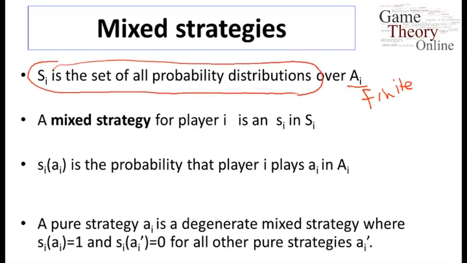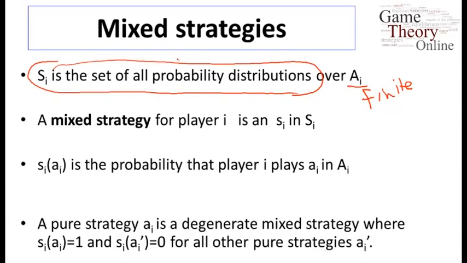So S_i now is a set of probability distributions over the actions. So each player, instead of just picking one action, is picking a way in which they're going to randomize over their actions. So maybe they pick that they want to be active 2/3 of the time and passive 1/3 of the time, or maybe half and half, or 7/8, 1/8. So they're picking a different probability over their different actions.